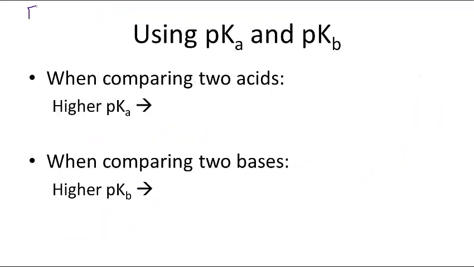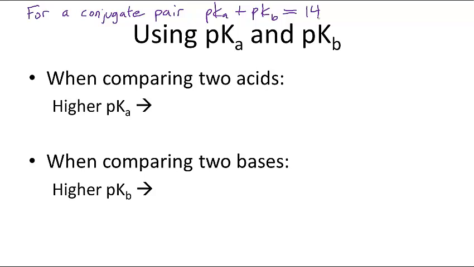So for a conjugate pair, pKa plus pKb is going to equal the negative log of 10 to the negative 14th, which is 14. So we're going to have one foot in the actual scientific notation realm and one foot in this logarithmic realm. You just got to get comfortable working between the two.